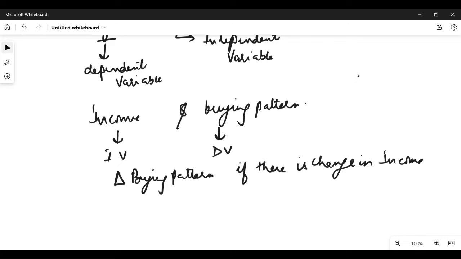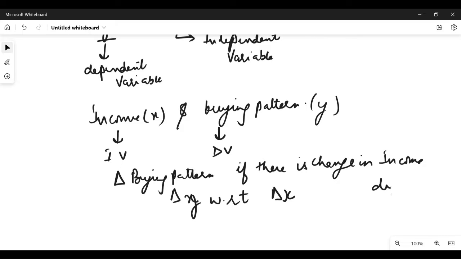Now if we assume buying pattern as y and income as x, so we have to find out the change in y with respect to change in x. Okay, and this is the concept of differentiation, and it is represented as dy by dx.